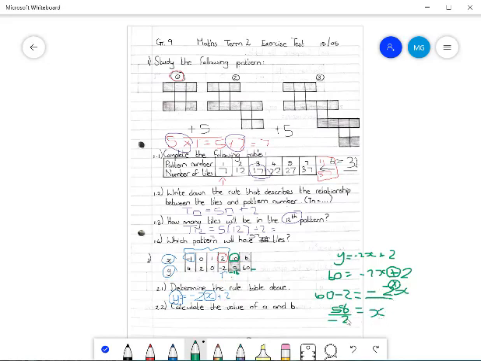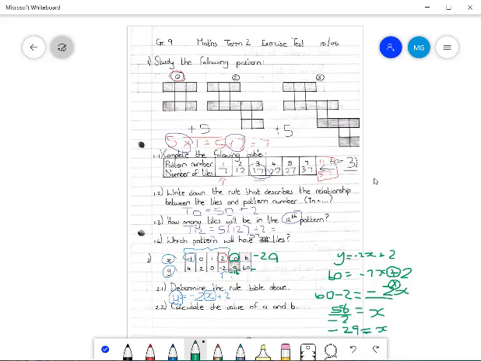Okay, 58 divided by negative 2. Remember, a positive and a negative makes a negative. 58 divided by 2 is 29, negative 29. And that's my x. So if y is 60, then x will be negative 29.